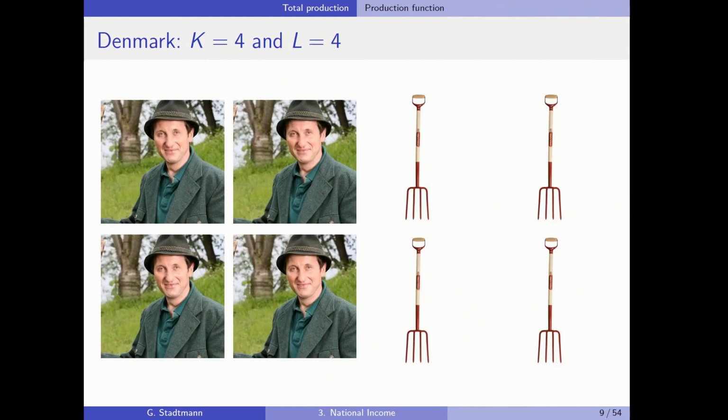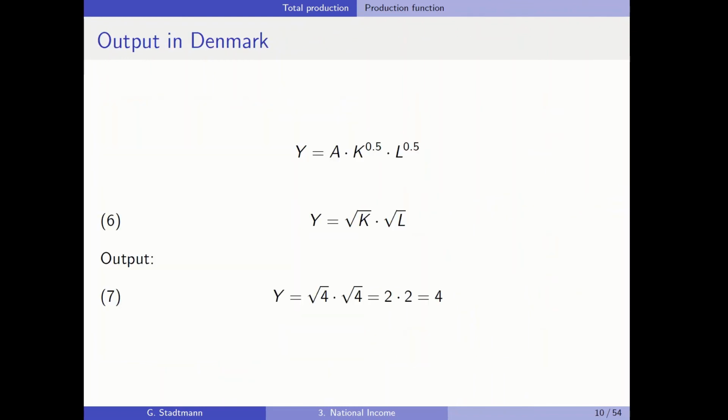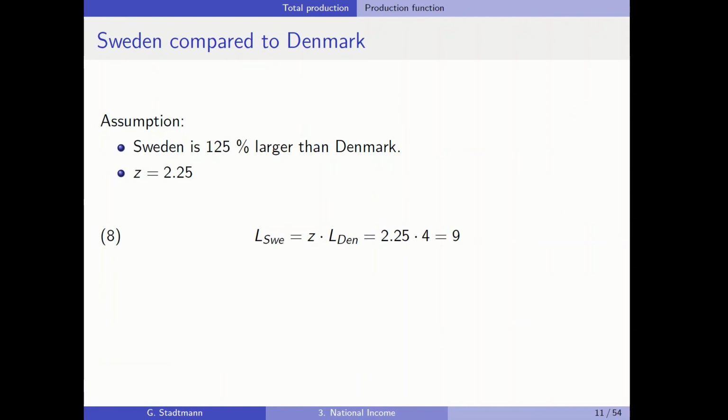Let's compare Denmark to another country. Let's compare Denmark to Sweden. We assume that Sweden is 125% larger than Denmark, so that the parameter z takes a value of 2.25. This implies that Sweden has z times the labor units of Denmark, so 2.25 times 4.